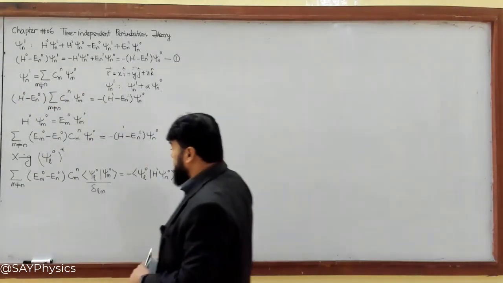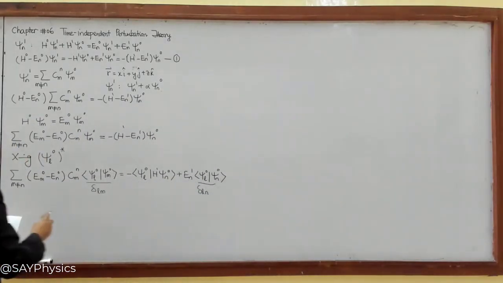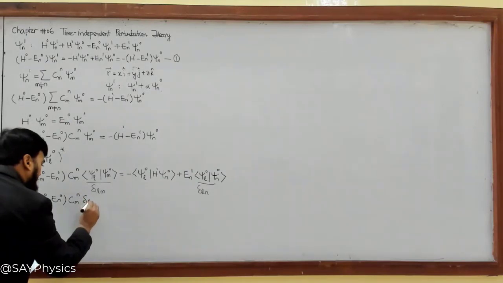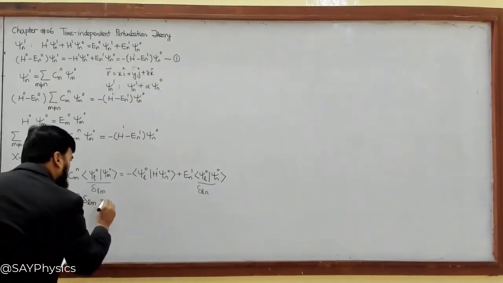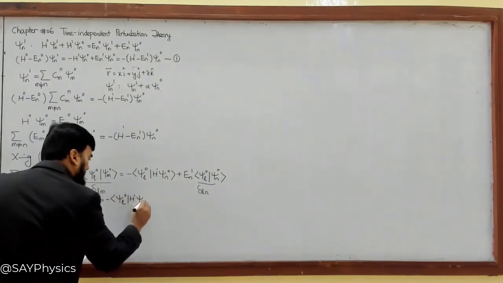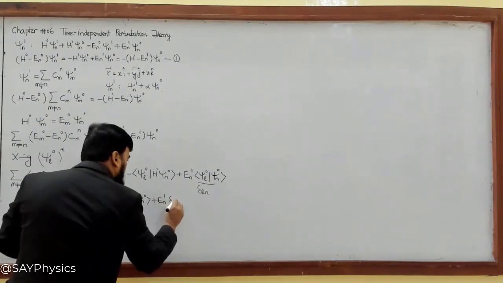So this becomes the summation on m not equal to n of (Em0 minus En0) Cmn delta LM, which is equal to minus psi L0 H prime psi N0 plus En1 delta LN.